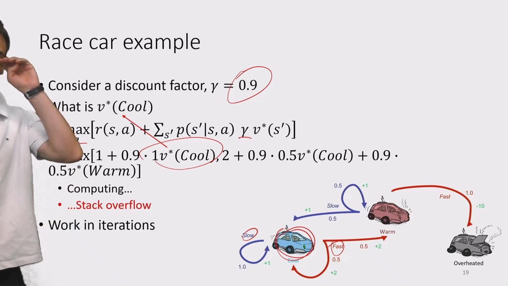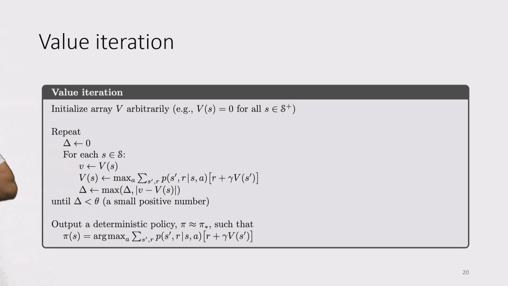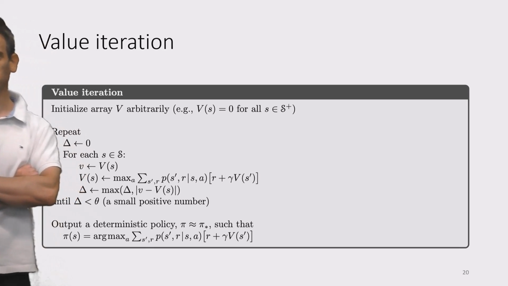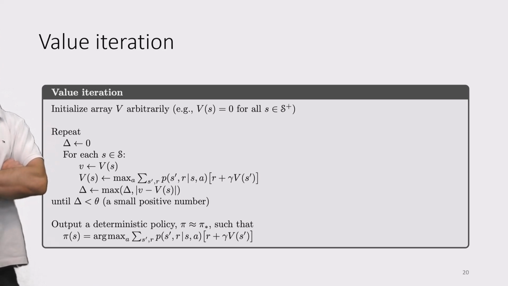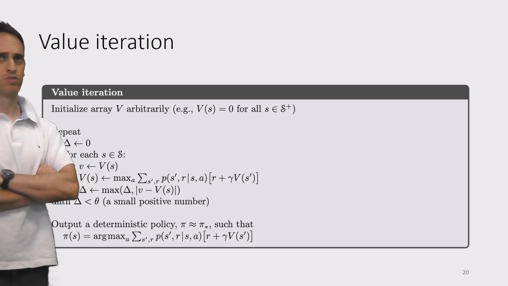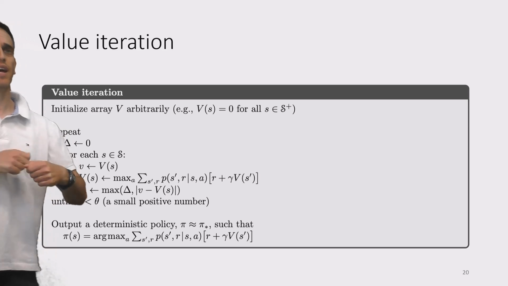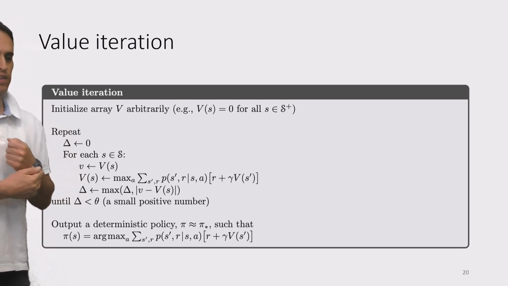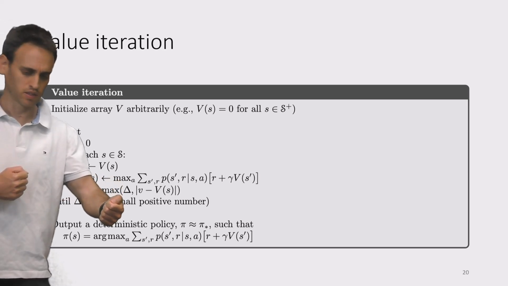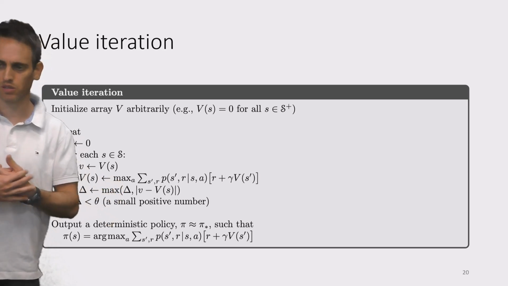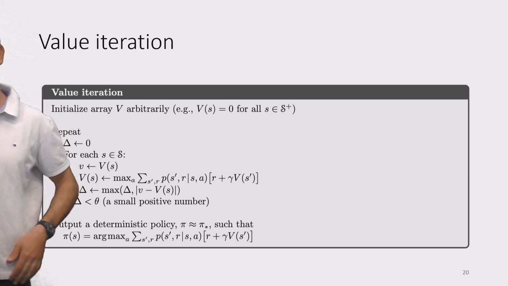We work in iterations, and this is exactly our initial solution for solving an MDP, which is value iteration. So we will update state values for our entire state space in iterations, and each time we'll compute another state value given the current assignments to the state values, and we'll continue to work in iterations and evolve the V values, the state values.